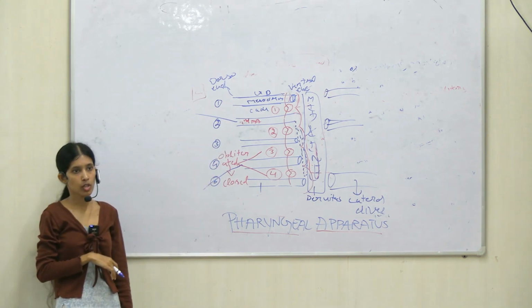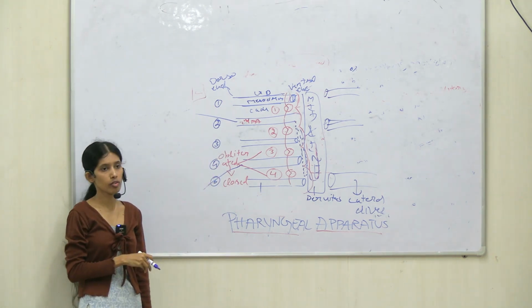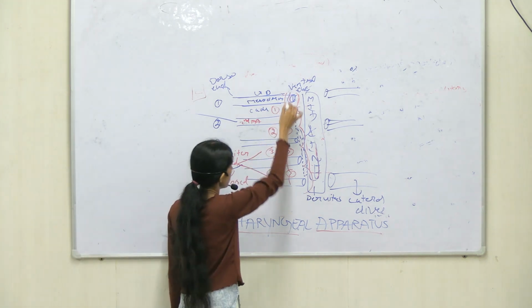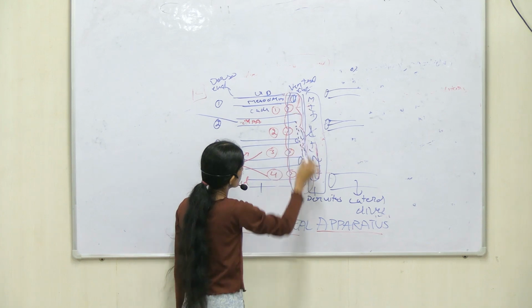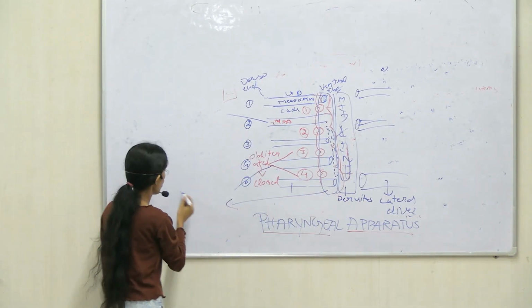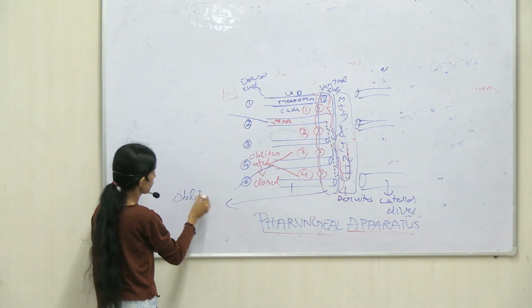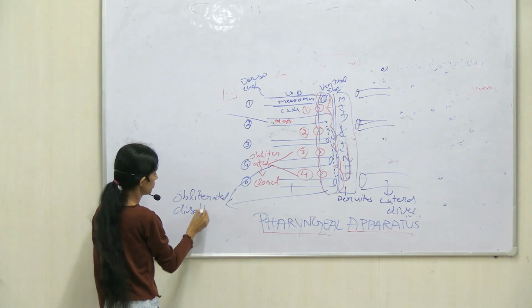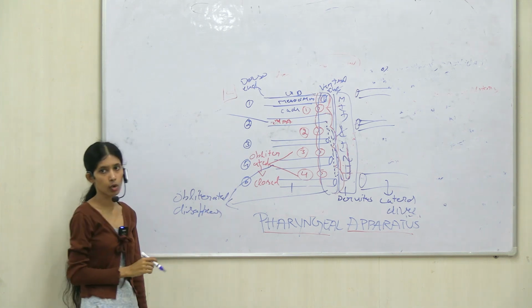Now in the development of the derivatives, your ventral end will generally be obliterated or disappear.